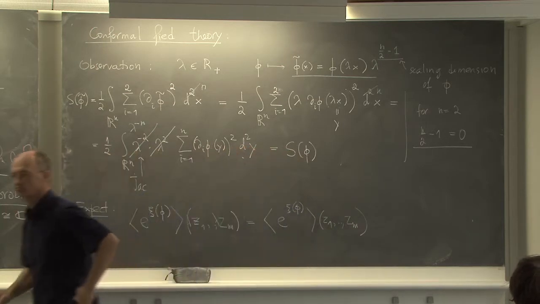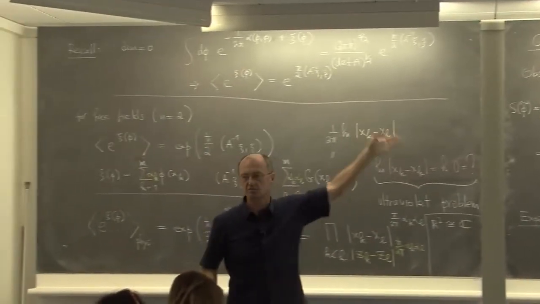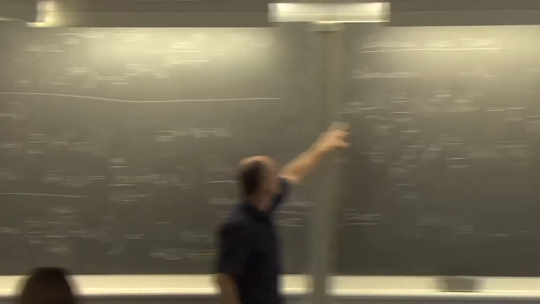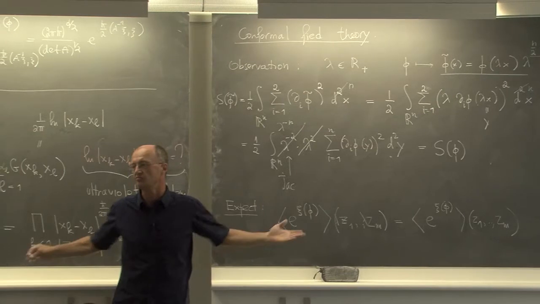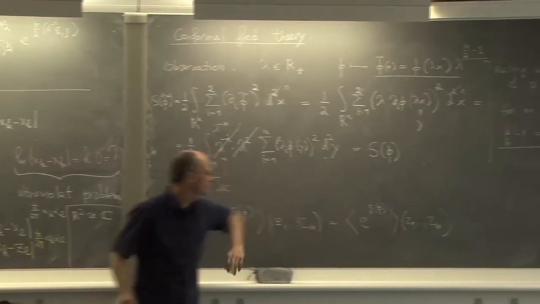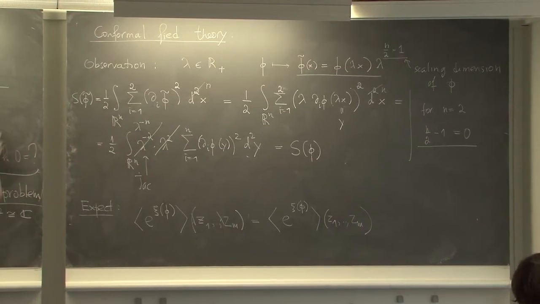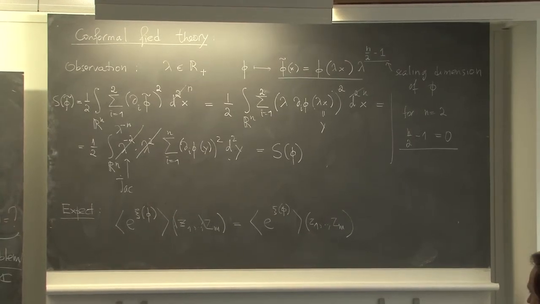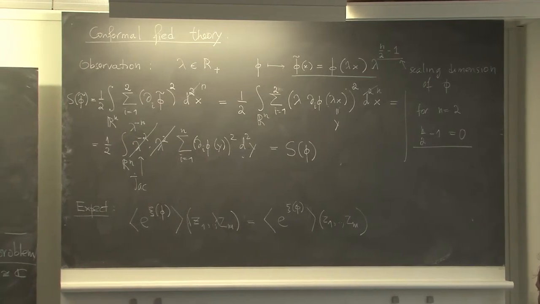That's what we expect. Why is that? Because those correlation functions are defined as integrals with the kernel given by S, and S doesn't change when we scale. So the hope or the expectation is that there would be such a law. Now we can easily check whether this is true or not, because we have a very explicit and very simple expression for the answer. So we can just make a substitution.